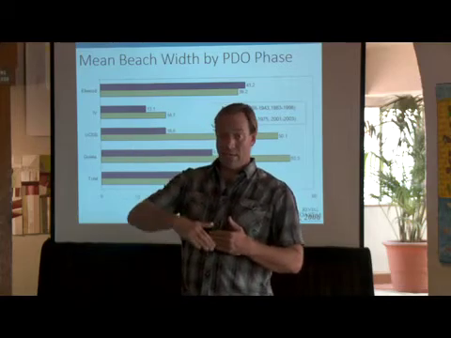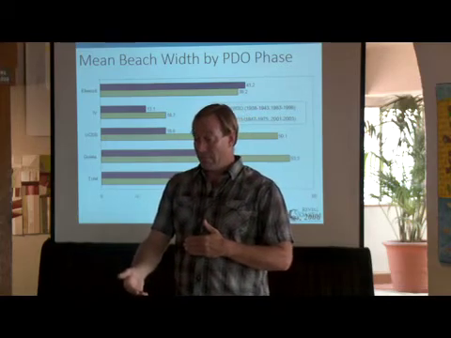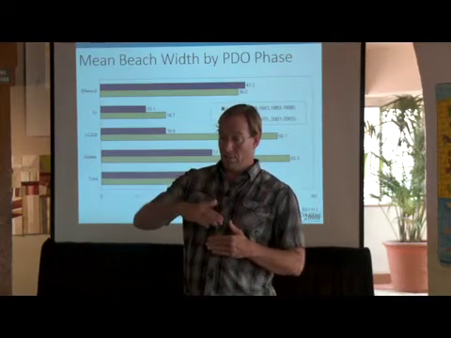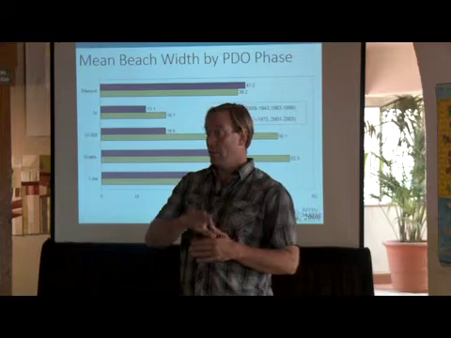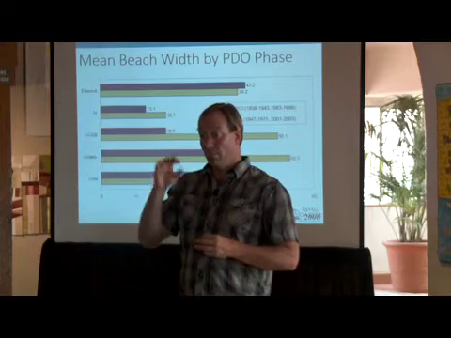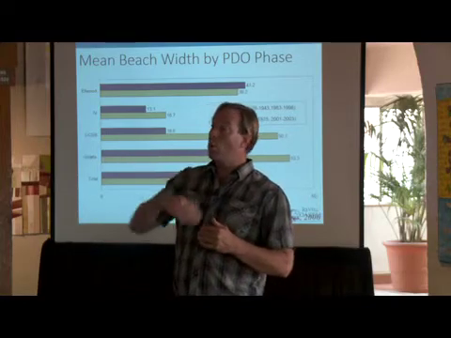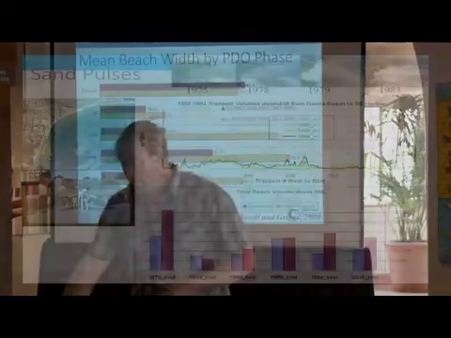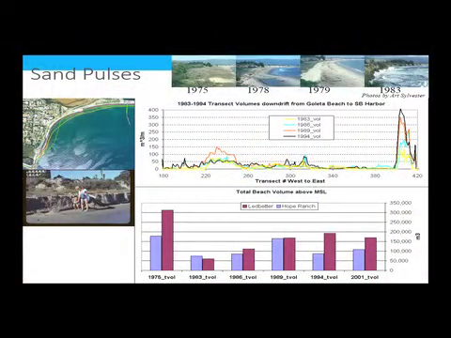When it shifts into the negative phase of the PDO, where the storm tracks are farther south, we get a lot more wave energy, creating narrower beaches. So we sort of see a climate cycle involvement in these oscillations.